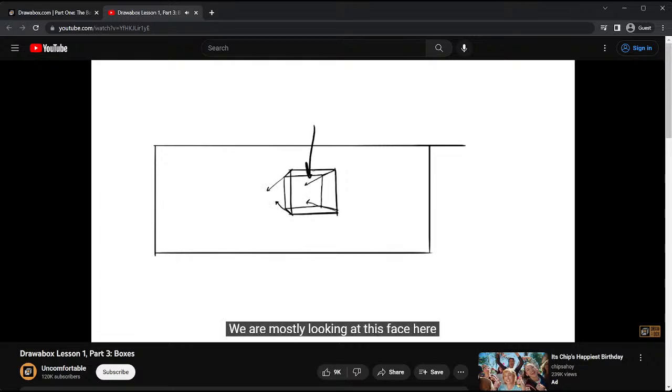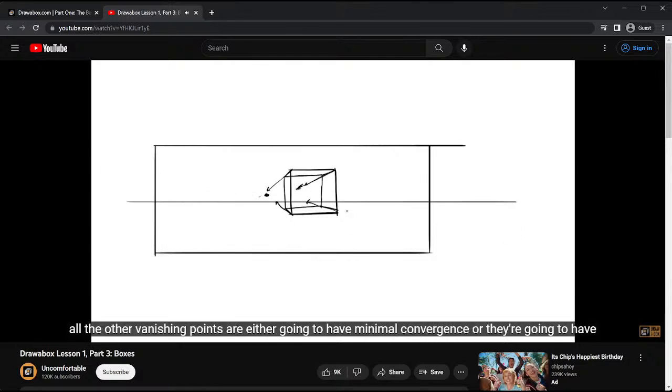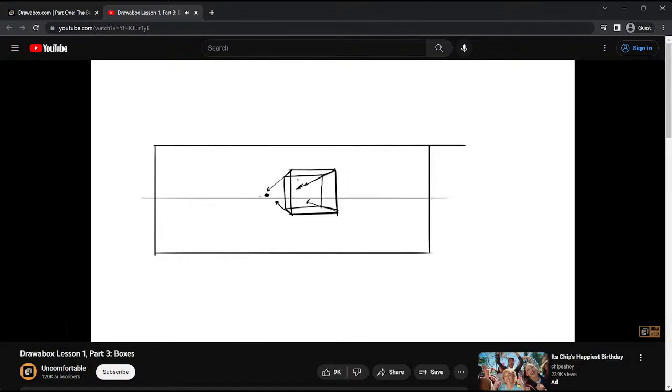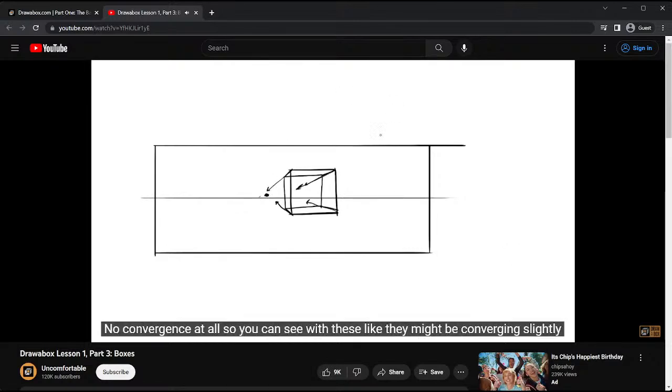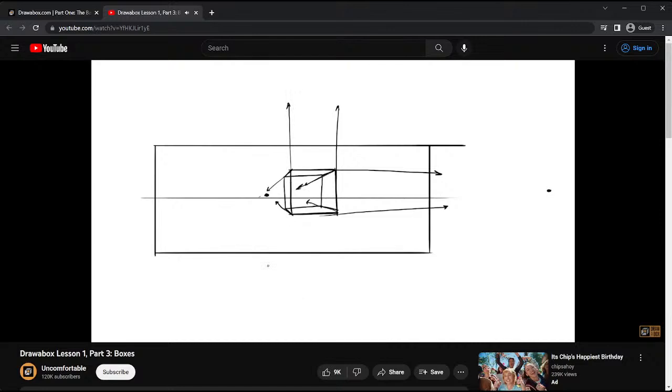So we are going to end up with one vanishing point that is very much dead center, like all these lines are coming towards it. And all the other vanishing points are either going to have minimal convergence or no convergence at all. So you can see with these, they might be converging slightly, but this vanishing point is way off the screen. And these may not be converging at all because the vanishing point is at infinity.